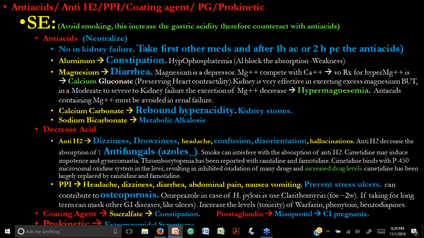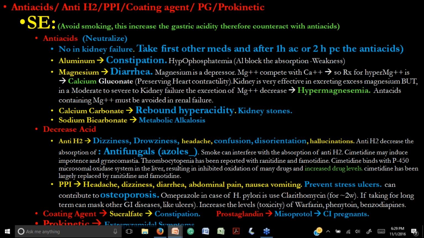So we have the three medications that mostly are being used in practice, and high yield mostly in the NCLEX. Those are the three ones, but that doesn't mean that the rest are not going to be asked. So that's why we are going to talk about what is probably high yield for NCLEX in this case.